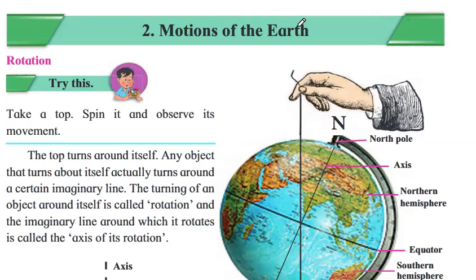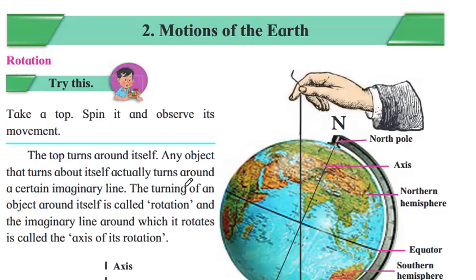Motion of the Earth: Rotation. Try this. Take a top, spin it, and observe its movement. The top turns around itself. Any object that turns about itself actually turns around a certain imaginary line.